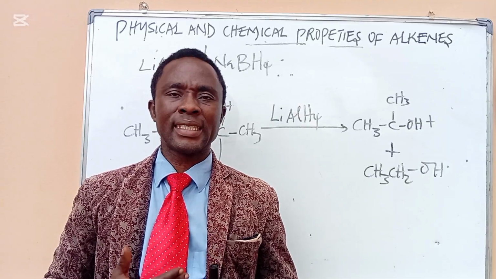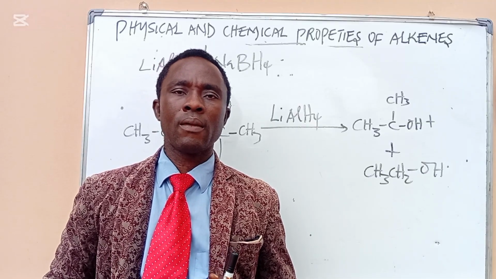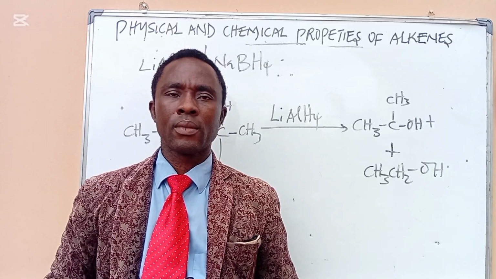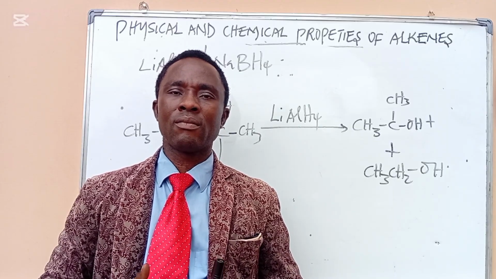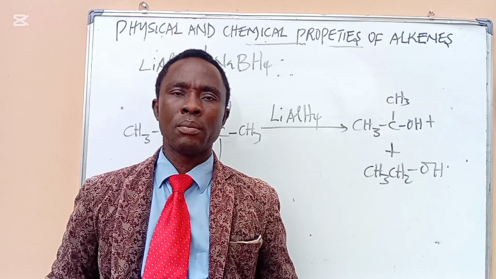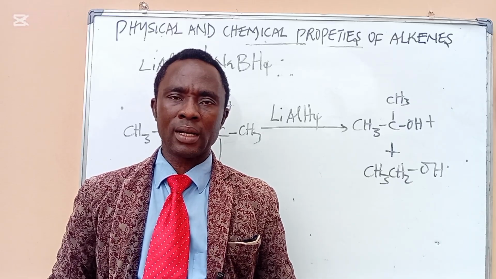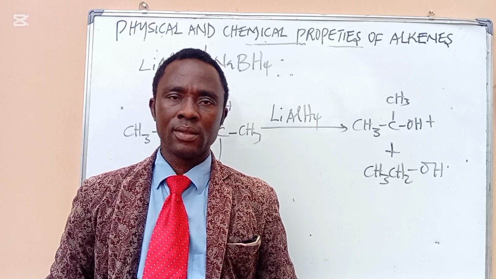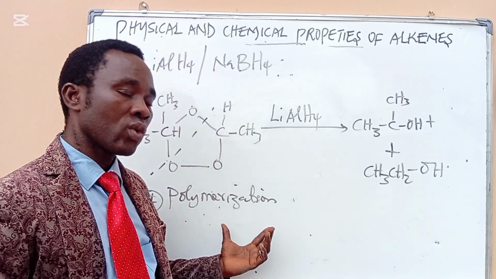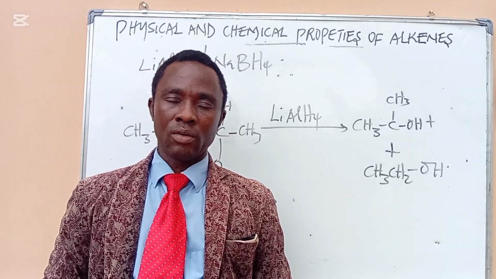When we combine n molecules of ethene, it might be in hundreds or thousands of molecules of ethene, we combine together to give us a polymer that we call polyethene.